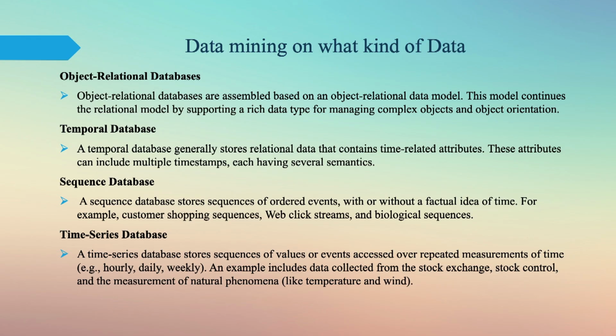Next is the sequence database. A sequence database stores sequences of ordered events, with or without a factual idea of time. For example, customer shopping sequences, web click streams, and biological sequences.